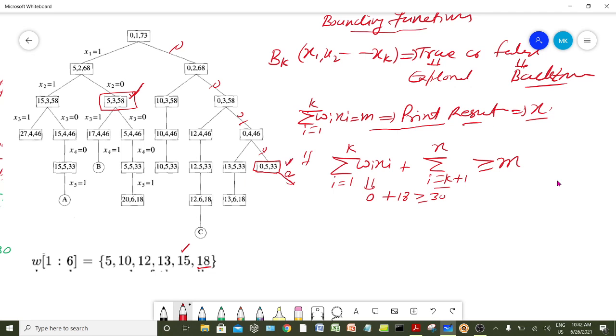Why? Because in future the total weight left is less than 30. We just cannot fill it even by including all the future weights. So this is the expression for this.